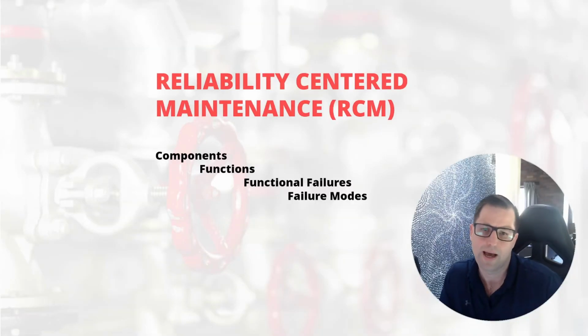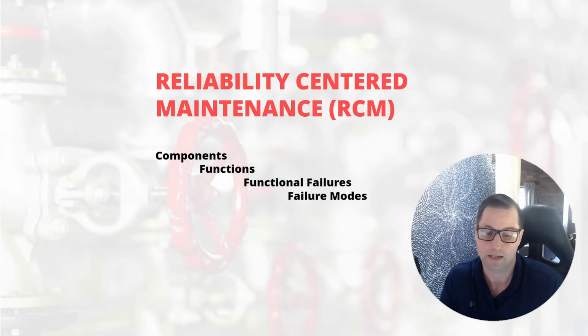All right, so how do we methodically determine what failure modes exist on an asset? There's already an existing process for doing this. It's called reliability centered maintenance, or RCM for short. And it uses kind of like a hierarchical approach to defining failure modes. So RCM says that we start with the components. We figure out what components are within the asset or the system that we're looking at. What are each of the components' function in that overall system?